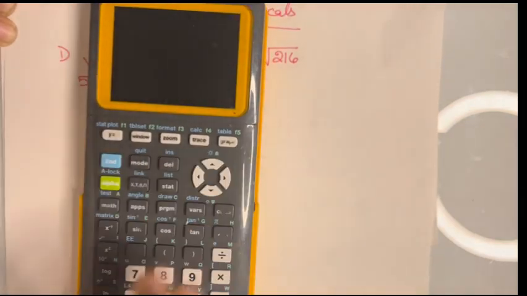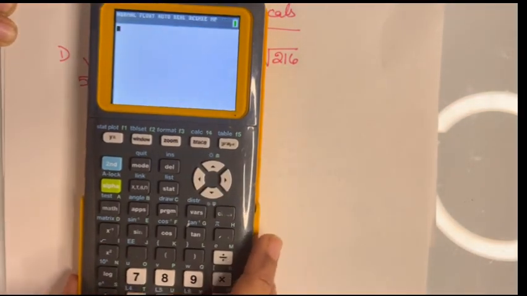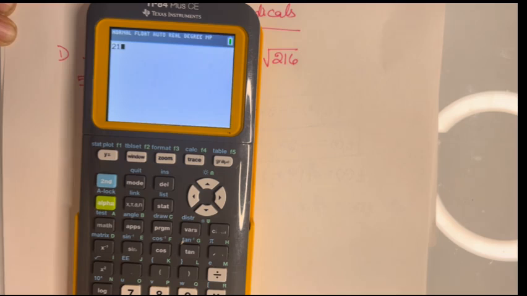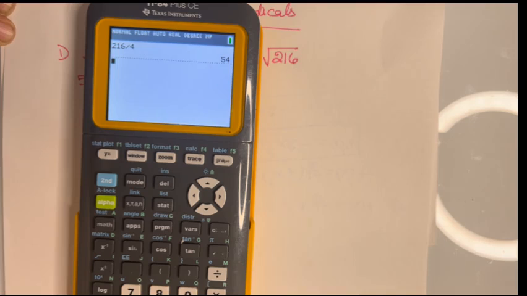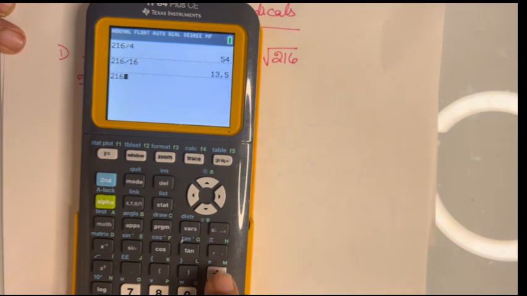If you want, you can type it in the calculator. You can see 216 divided by 4 works, 4 is a perfect square. Yes, 4 divides it, but I want to see the highest perfect square. What is the highest perfect square that divides 216 evenly? 216 divided by 16, that's not dividing evenly. 216 divided by 25 will not divide it.